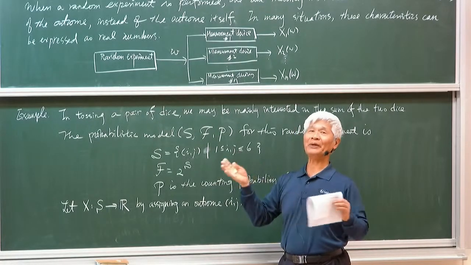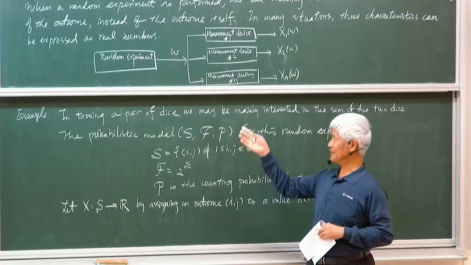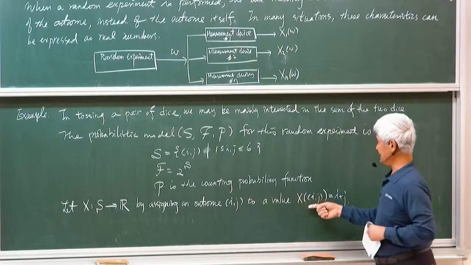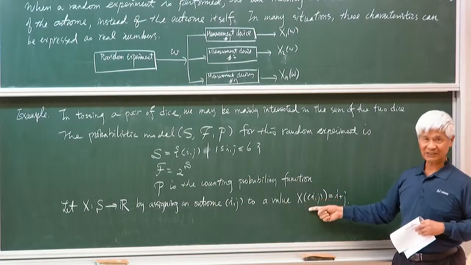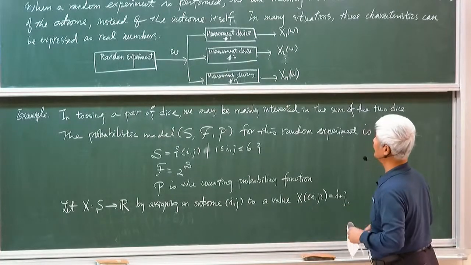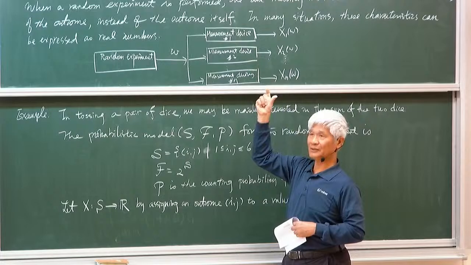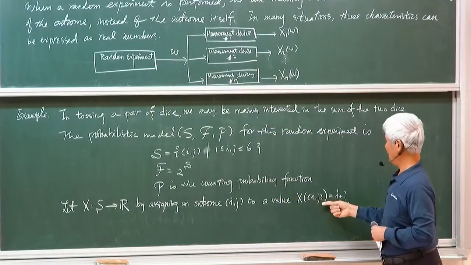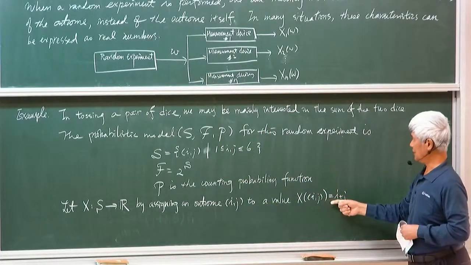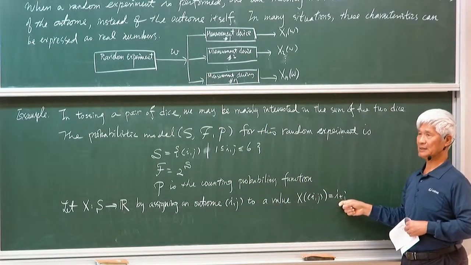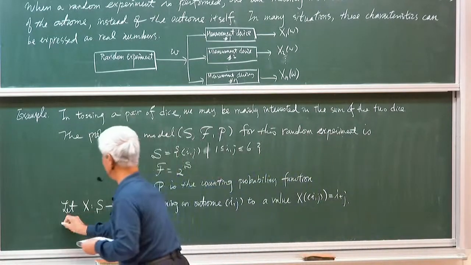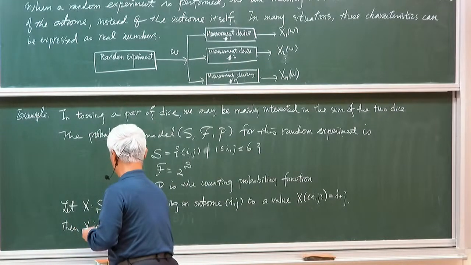Because you have many ways to describe the outcomes of this random experiment, but this representation has an advantage because it is easier to define the function here. You can think of the measurement device as follows: once the outcome is observed, from the outcome it gives you a value here. So this is a numerical value. All right, then X is a random variable.